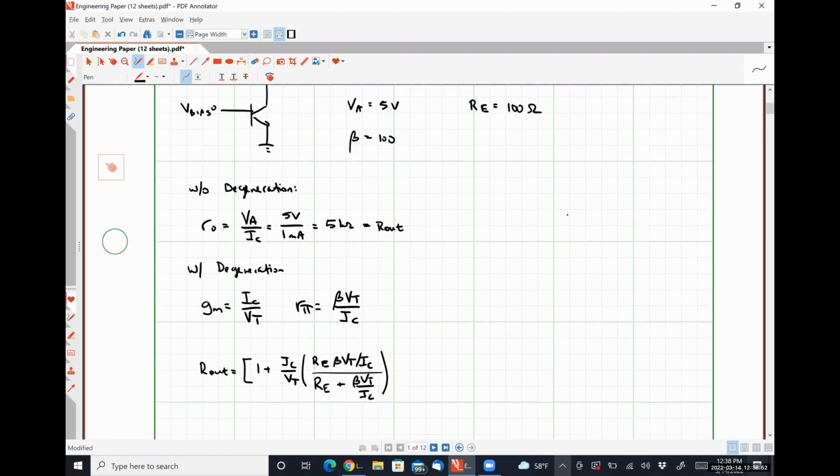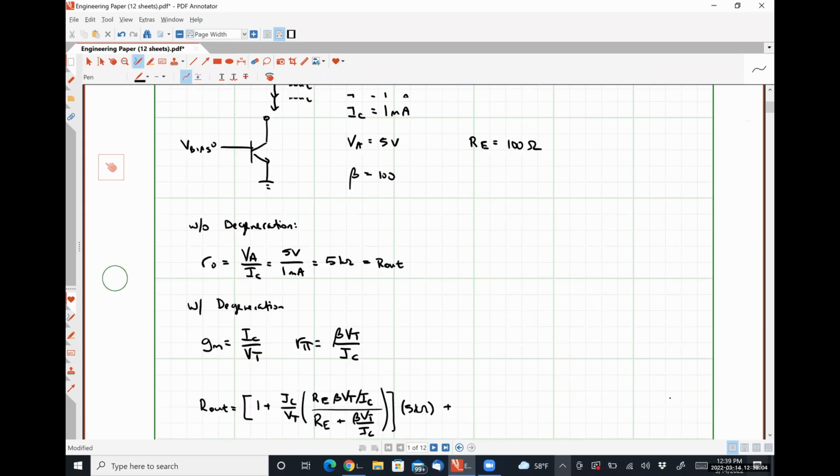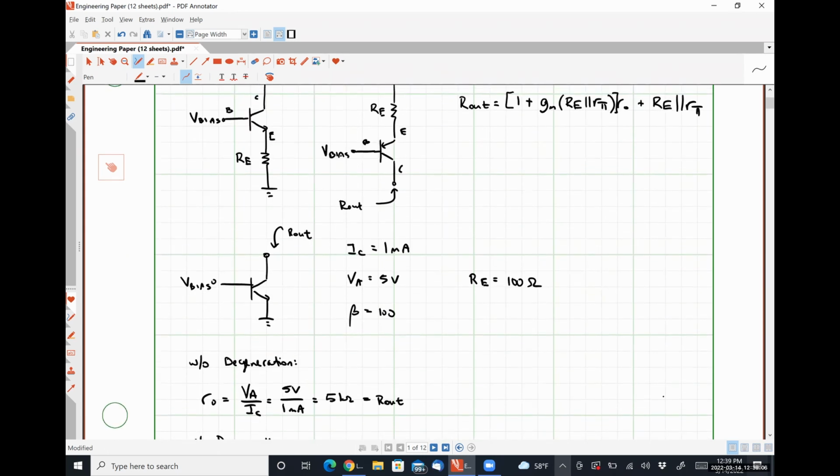All of this times 5 kiloohms plus that RE in parallel with R pi term again.